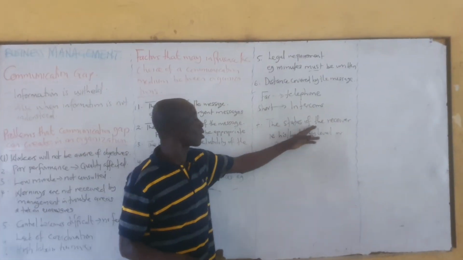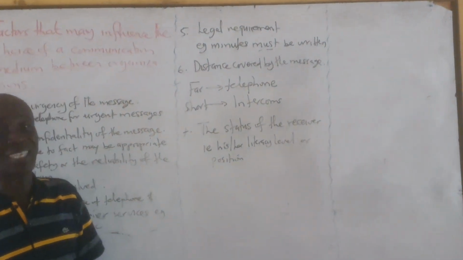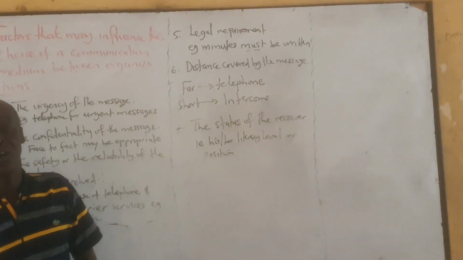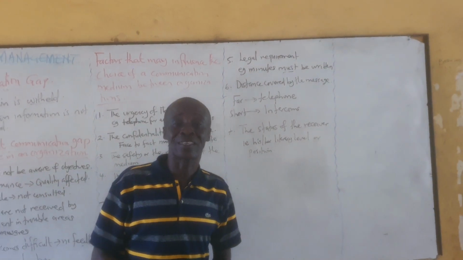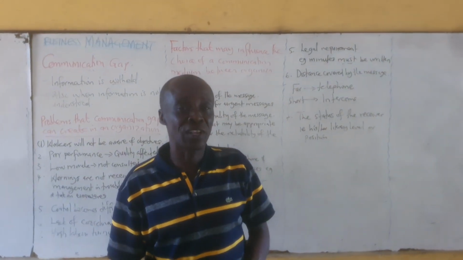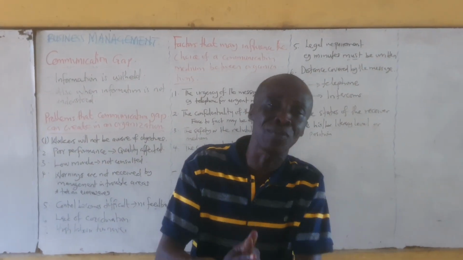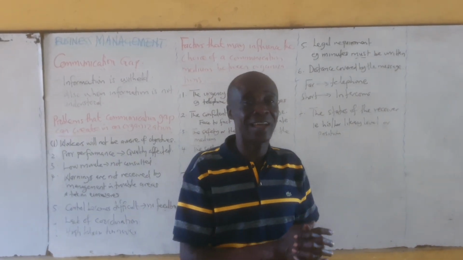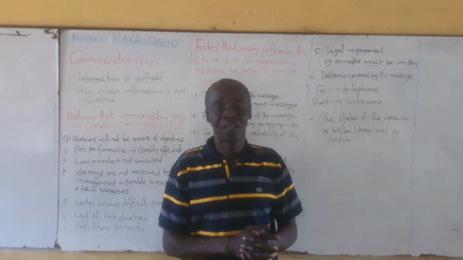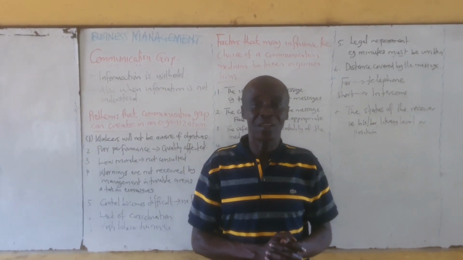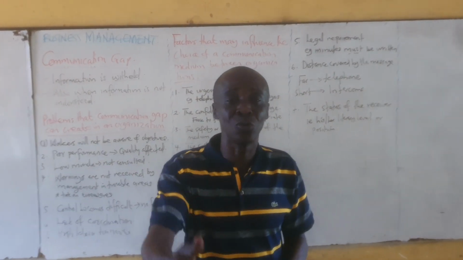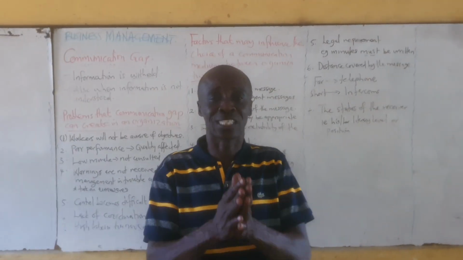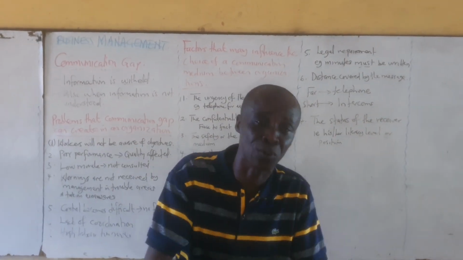Then the status of the receiver should also be taken into account. The type of medium you can use to communicate with your friend, you cannot use the same medium to communicate with your teacher or with your headmaster. For example, if I am teaching you on WhatsApp and you, a student, send me a WhatsApp message, I will not respond to it.